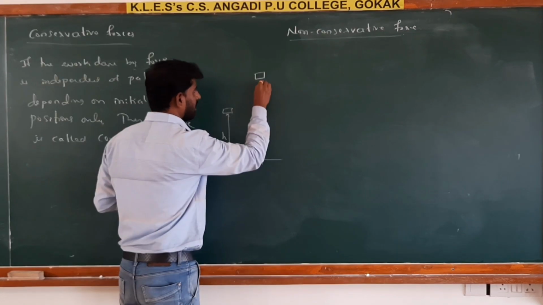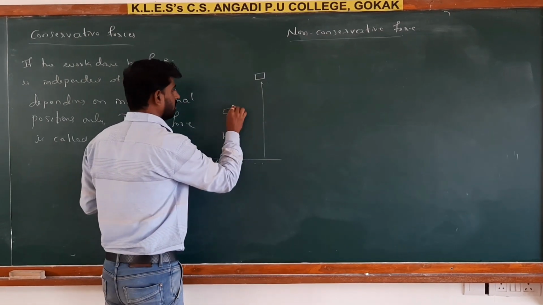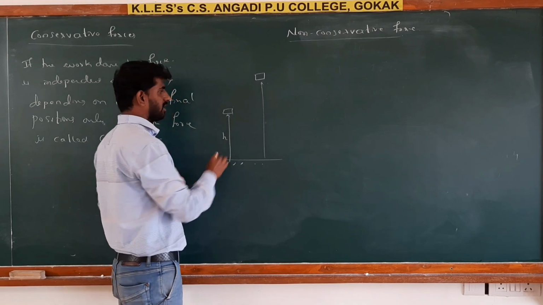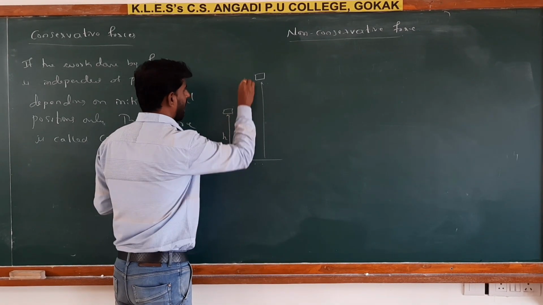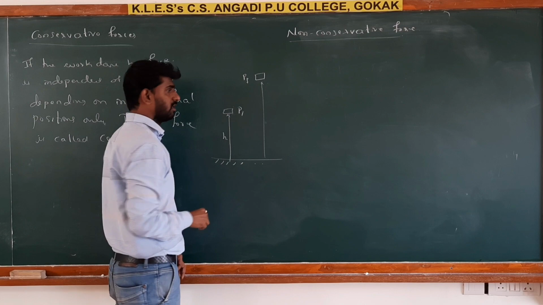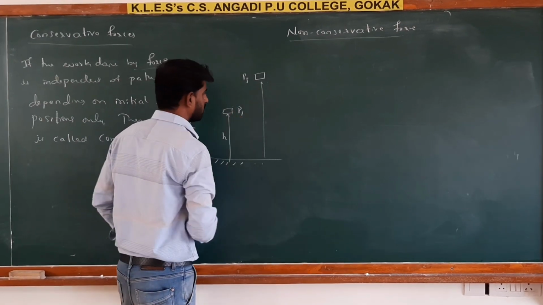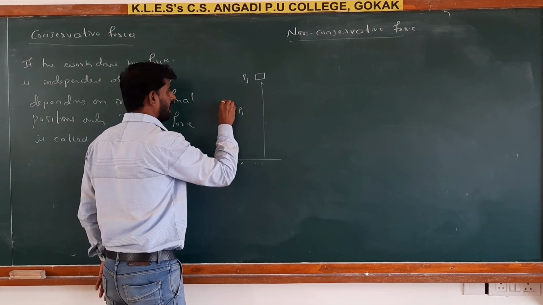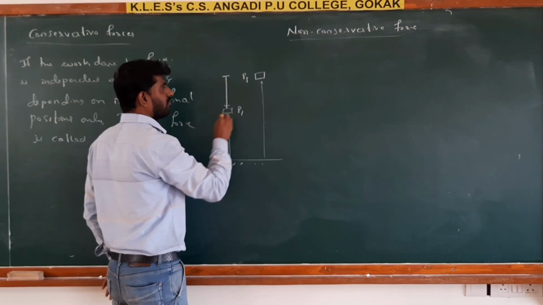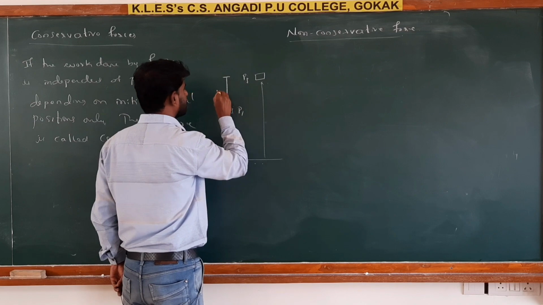To calculate the work done, this is the Pi and this is the Pf, so you take Pf minus Pi. If you lift that body in this way, the work done, for example from here to here, I say is 10 joule.